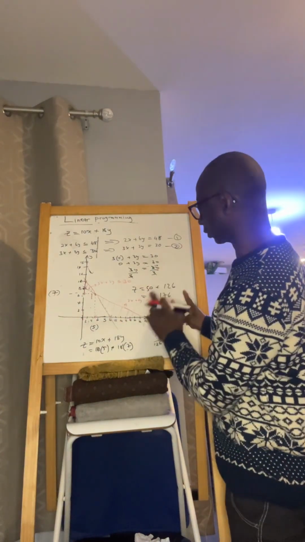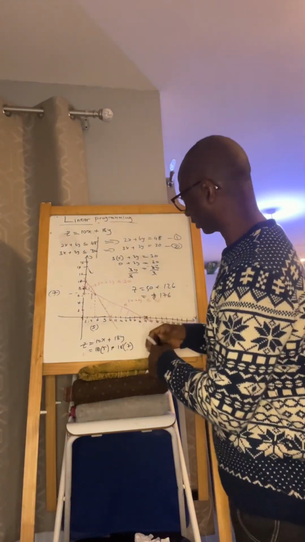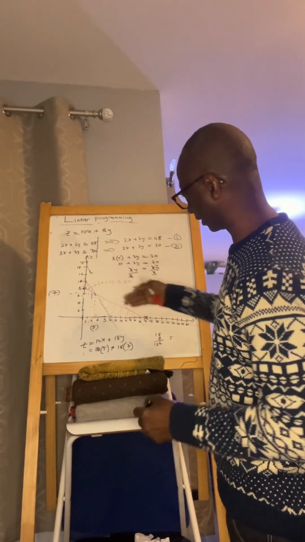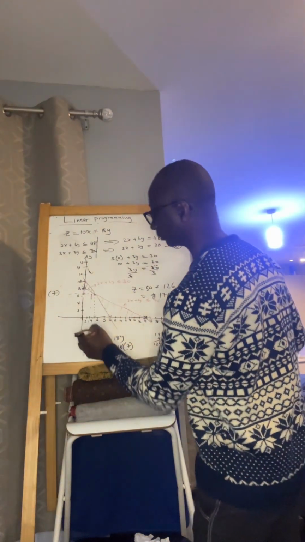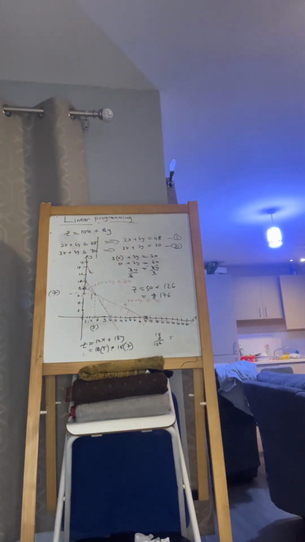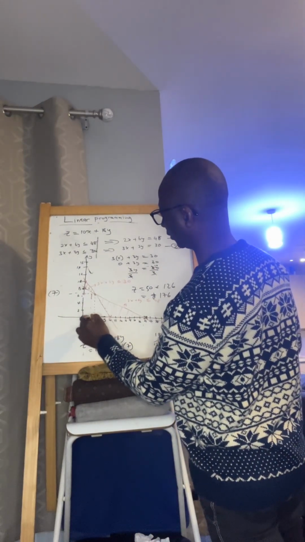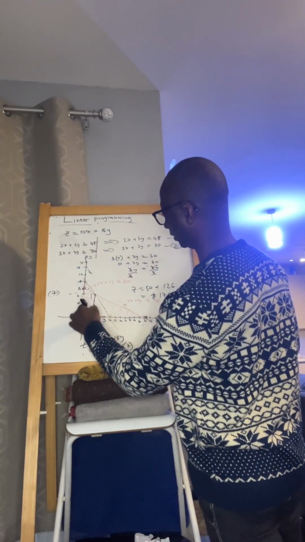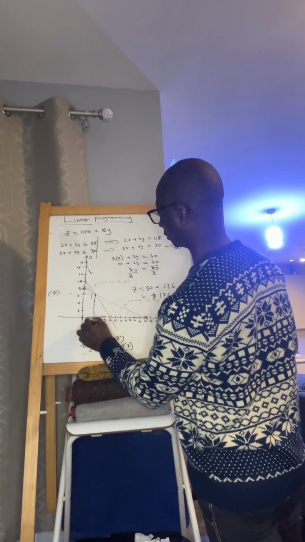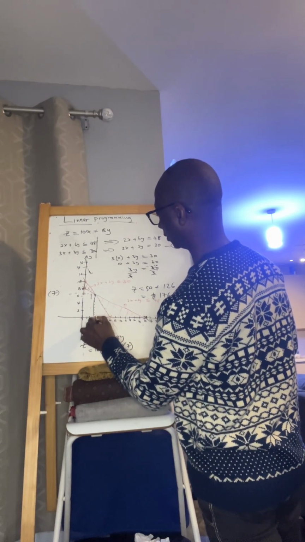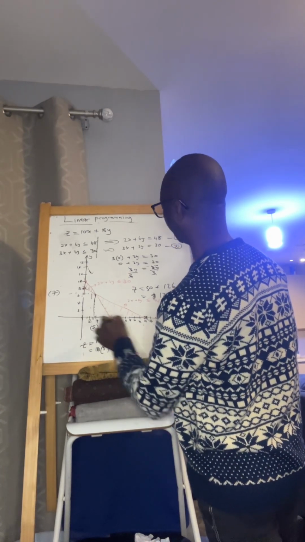These answers are not correct because my graph is not perfect. It should actually be 3 here, I think. Let me check. Yeah, 3 and 7. It should be 3 here. If I would have done this properly, this would have been 2, 4, so this should have been 3.